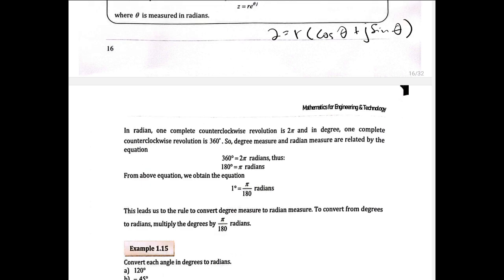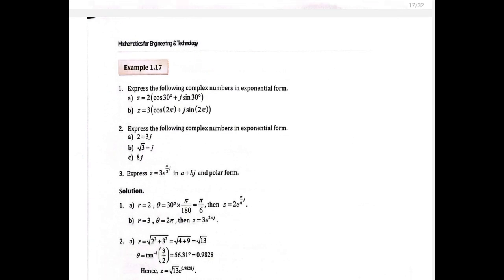Now let's apply Euler's formula in example 1.17. Let's look at 1a. We already have r equal to 2 and theta equal to 30. So we want to convert the 30 into radians.